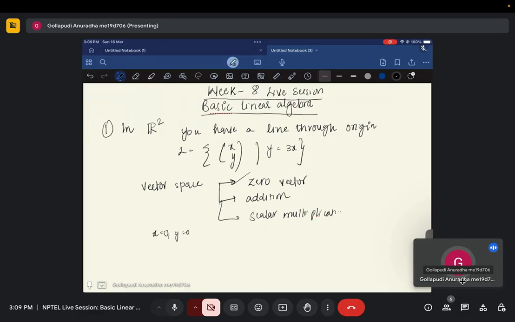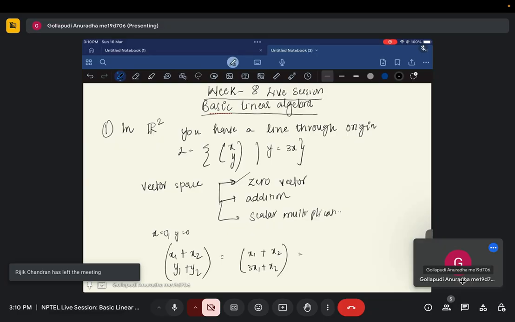And if you see the addition, x1 plus x2, we can write it in this way, so we can get it in the individual forms.